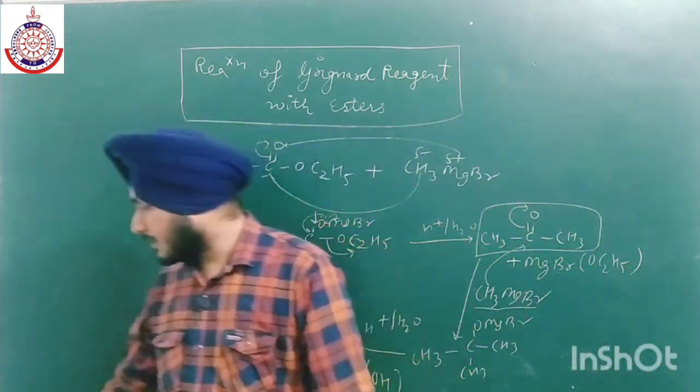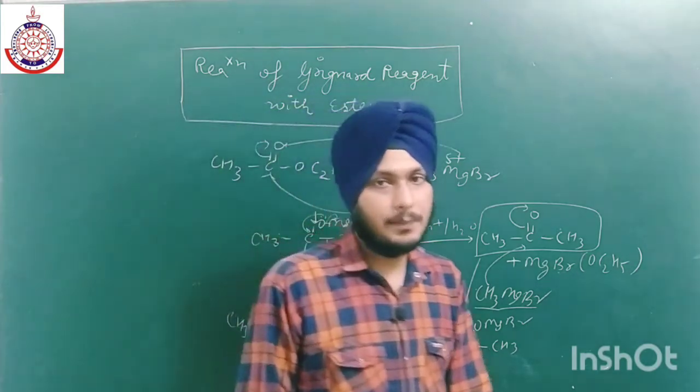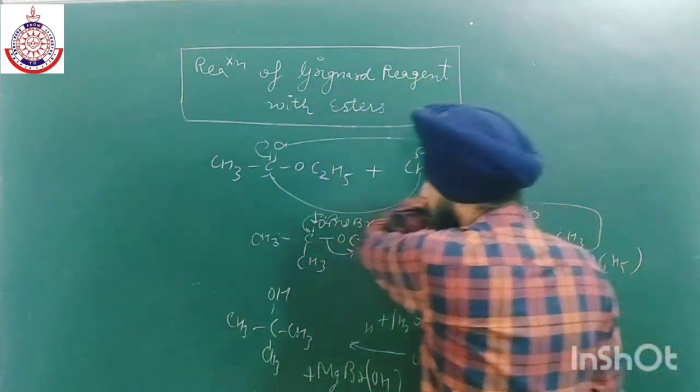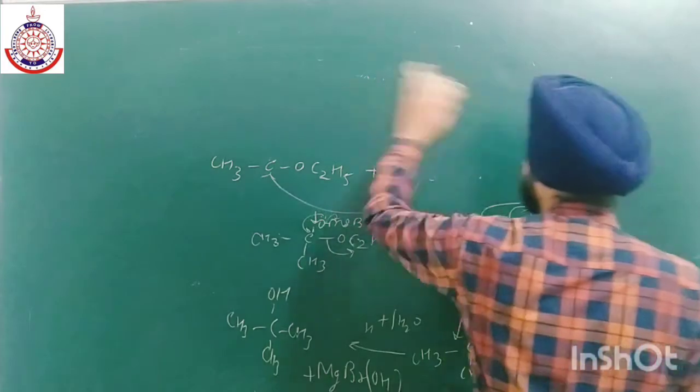So the last method is from aliphatic primary amines, by the reaction of nitrous acid. This is the fifth and last method.